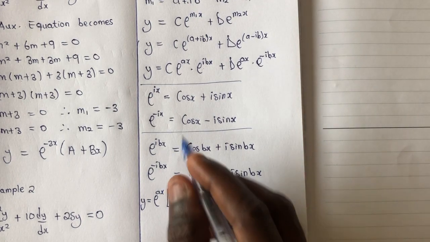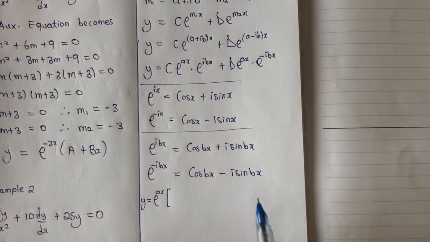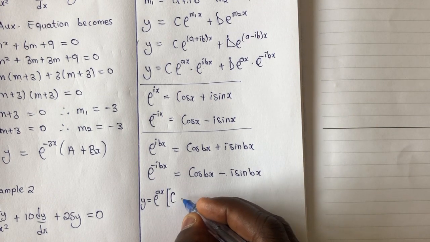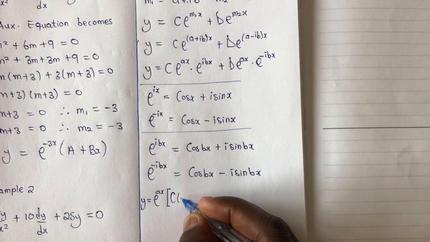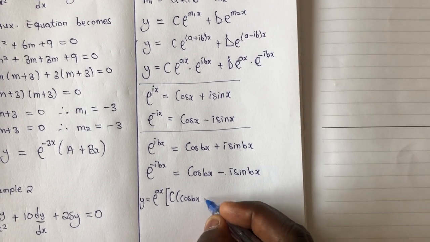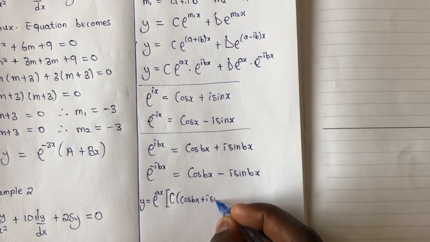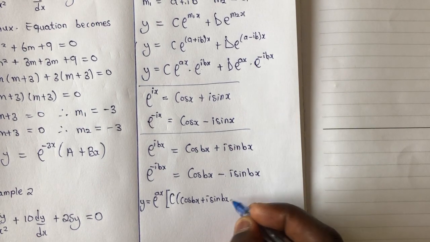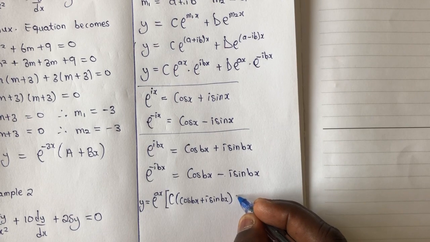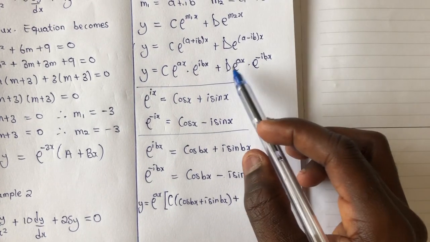This side is multiplying the arbitrary constant c, so I'll bring my c, then into bracket cos bx plus i sin bx. Then I can close my bracket, plus I have d here.